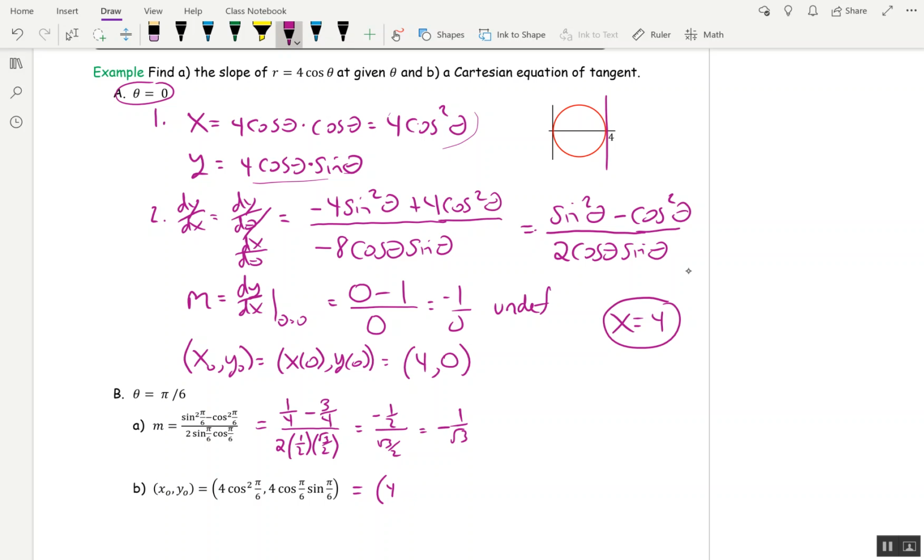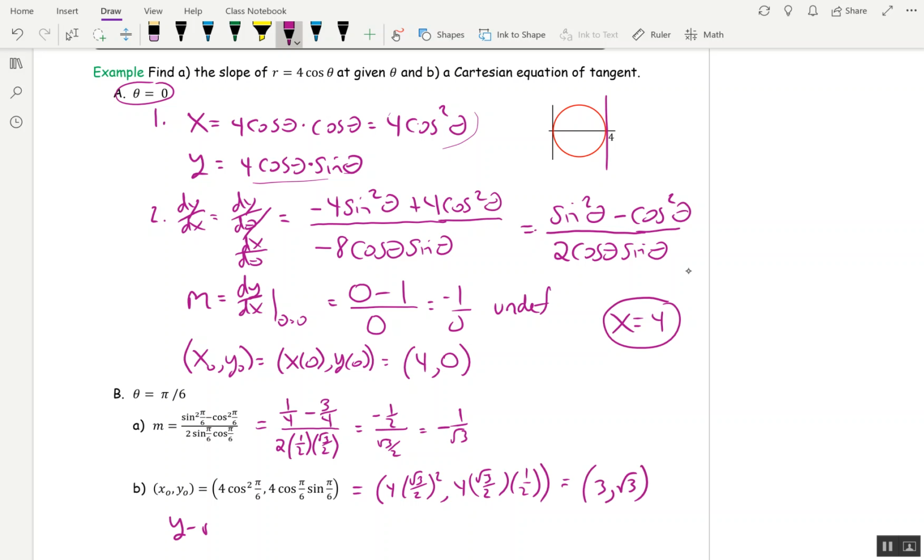We have 4 times root 3 over 2 squared, and then y is 4 times root 3 over 2 times a half, so that's 3 comma root 3. All right, that's better.